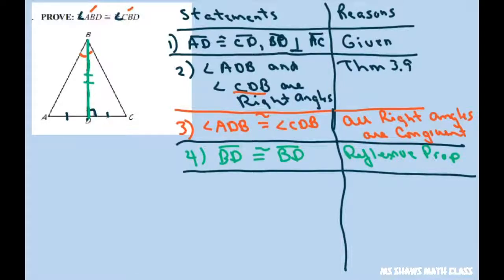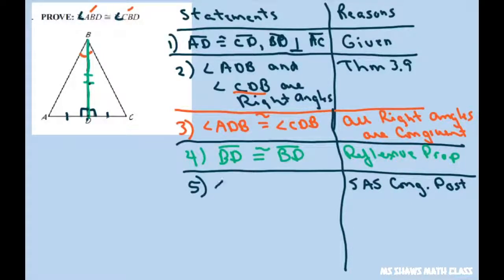So now that we have this, and this is an angle here, we have side angle side. So based off my side angle side congruence postulate, my triangles are congruent.